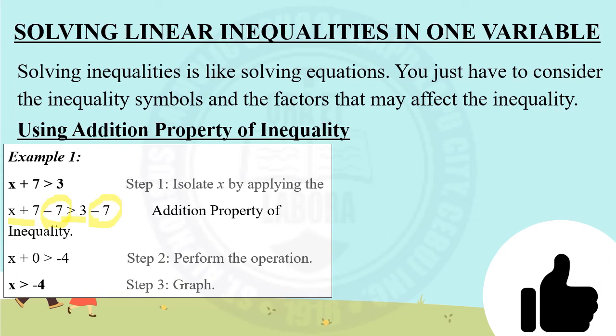So x plus 7 minus 7, that is x plus 0. 3 minus 7, that is -4. So x plus 0 is x greater than -4.